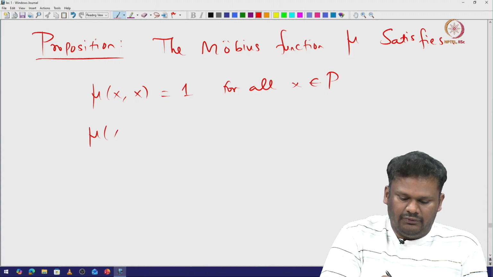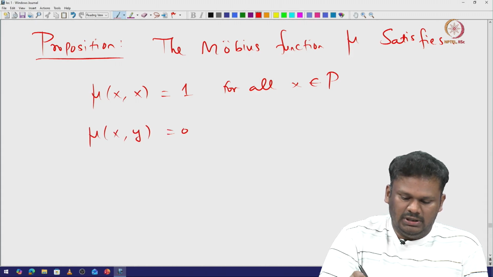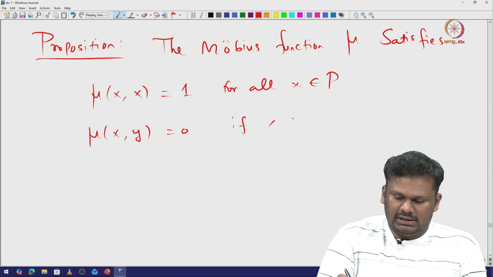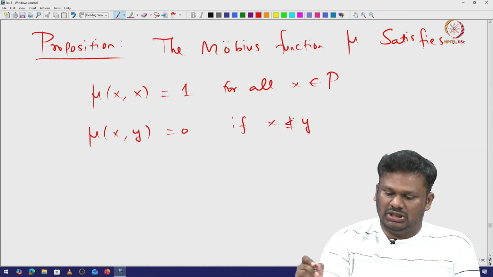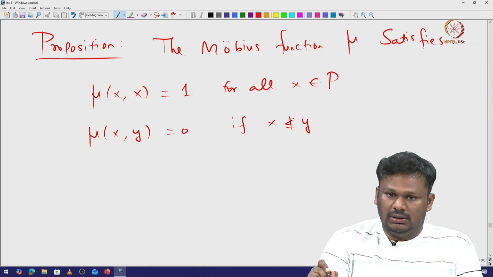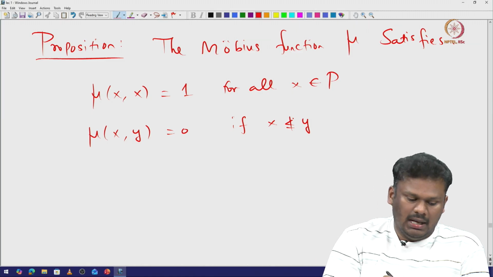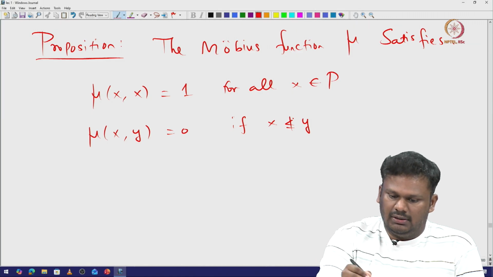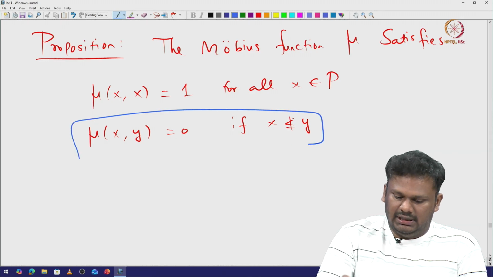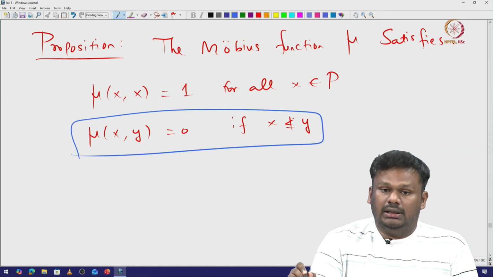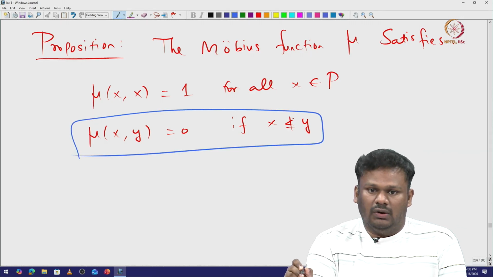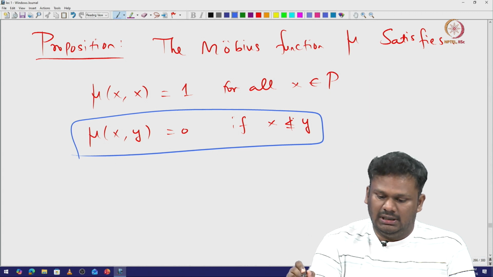And mu of x comma y is going to be 0 if x is incomparable with y with respect to the partial order on P. This is the same as saying that the inverse of the zeta function is again upper triangular.